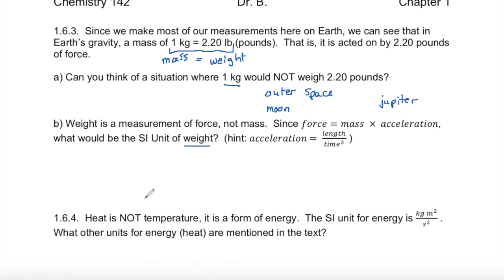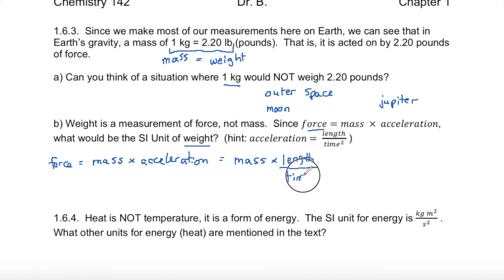For weight, the SI unit would be slightly different. Weight is a unit of force, which is mass times acceleration. And acceleration is length over time squared. So the unit for force would be mass times length over time squared.